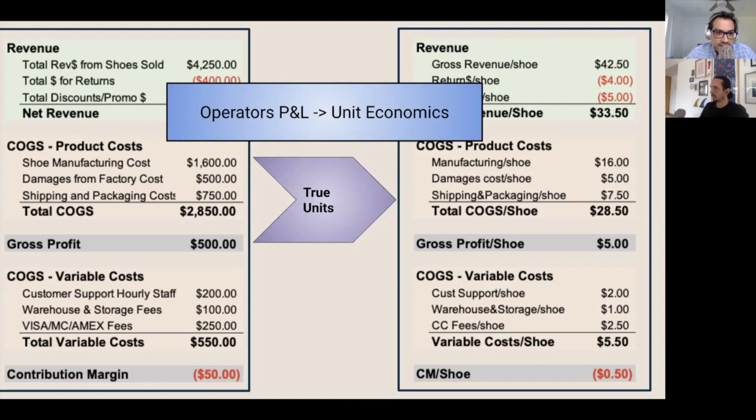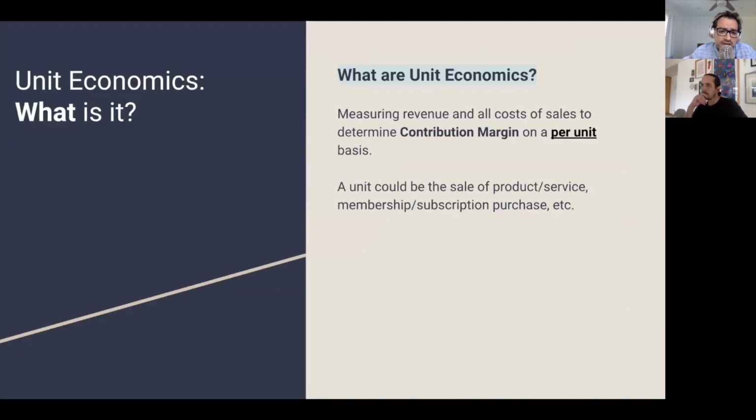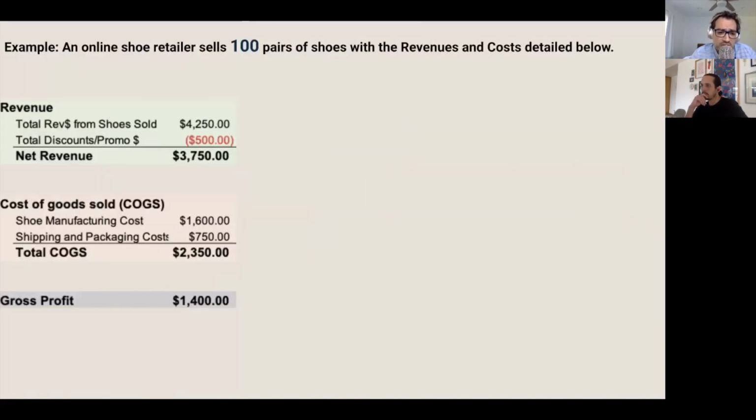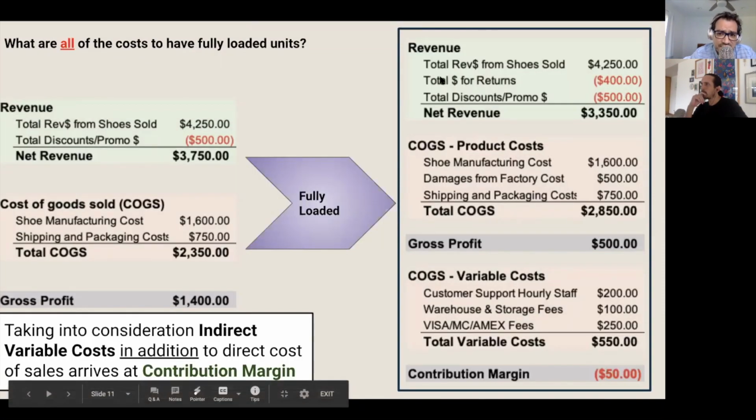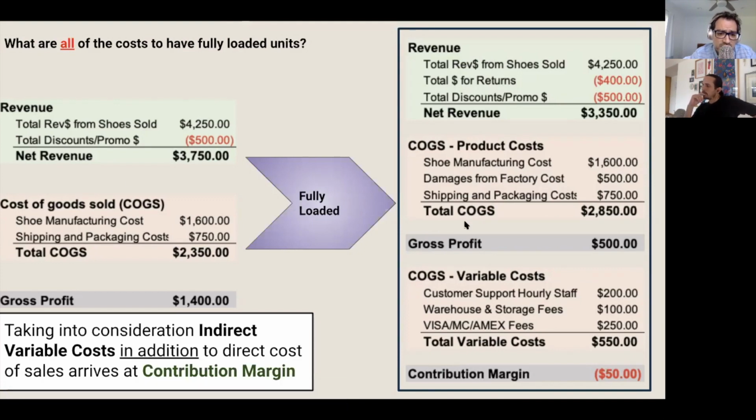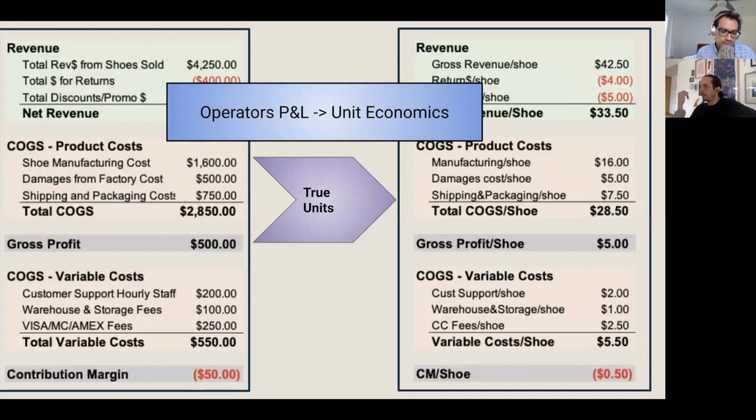So that's really the big thing, and that's why in these slides, I'm going to go back for a second, we didn't just add the variable cost piece, but we also added some specific line items inside of the costs that were already on this P&L to illustrate the fact that there are things that you might not think about, but that really should be factored into your unit economics. I would say almost always that happens, right?